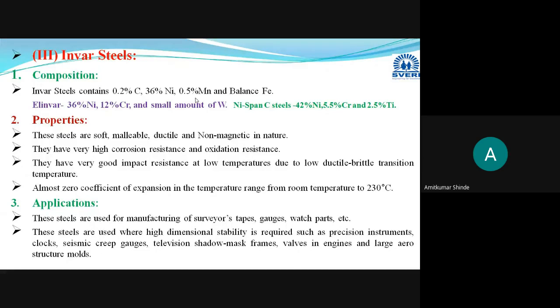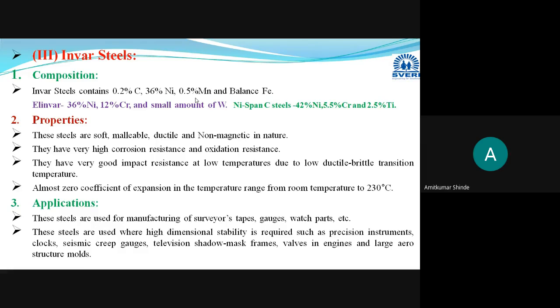Whenever this kind of breakage occurs due to change in temperature in a ductile material, that particular temperature at which the material cracks will be termed as the ductile brittle transition temperature.